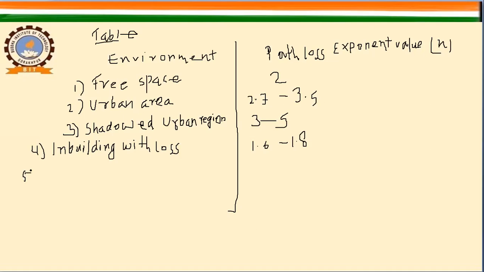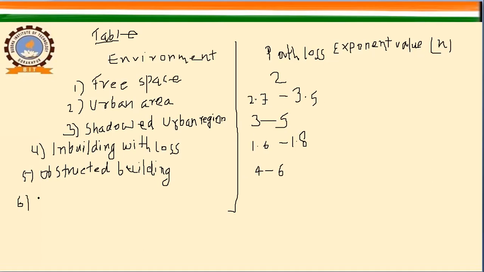Another environment is obstructed buildings, tall buildings. The value of n is 4 to 6.